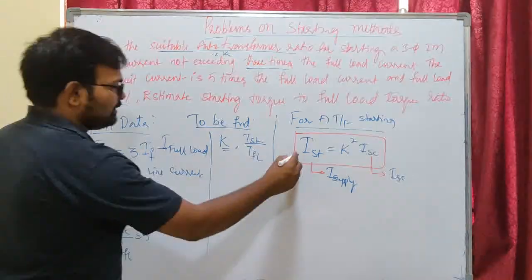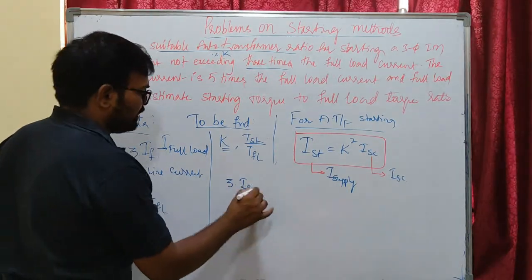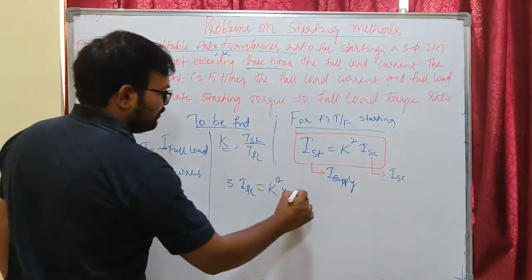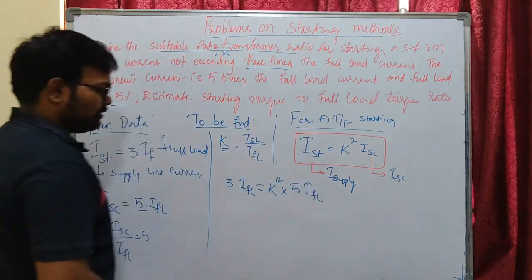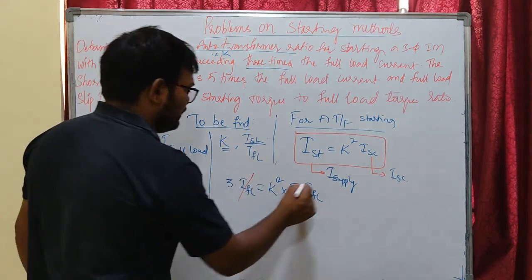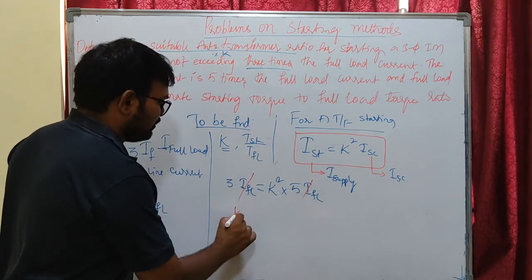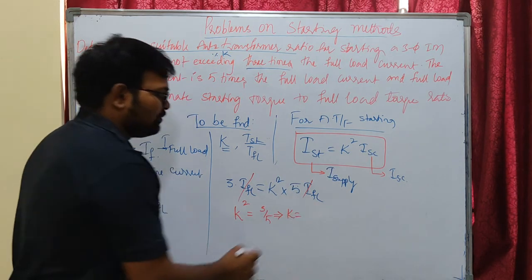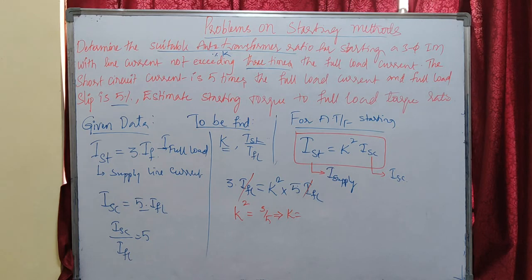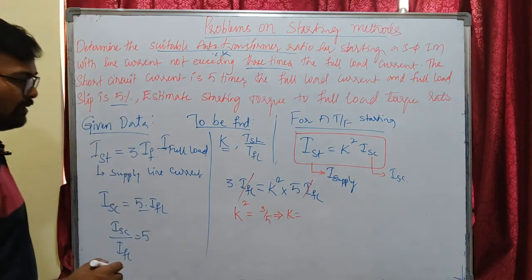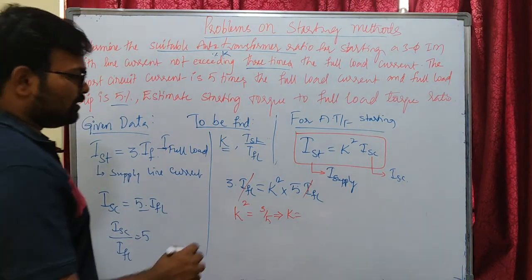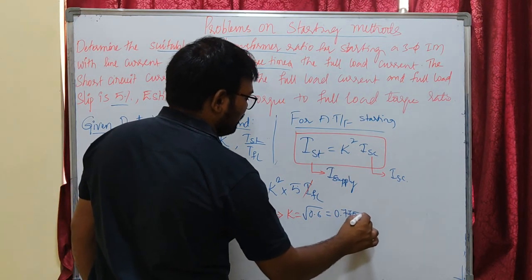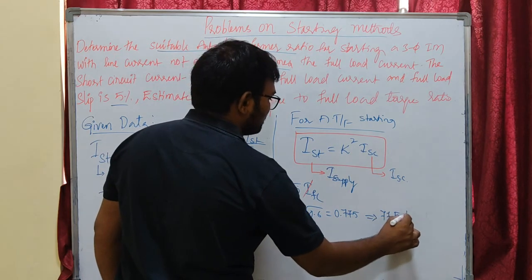Here IST is 3 times the full load current, which equals K square times ISC, which is 5 times the full load current. You can cancel out IFL here. So K square equals 3 by 5, that is 0.6. So K equals root 0.6, which is 0.775. So percentage tapping is 77.5%.